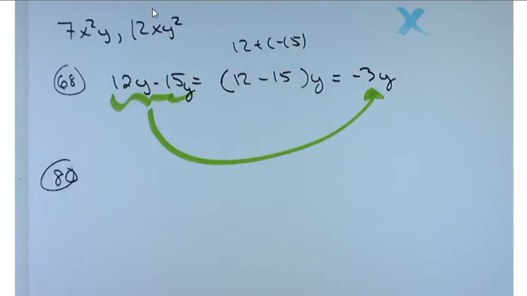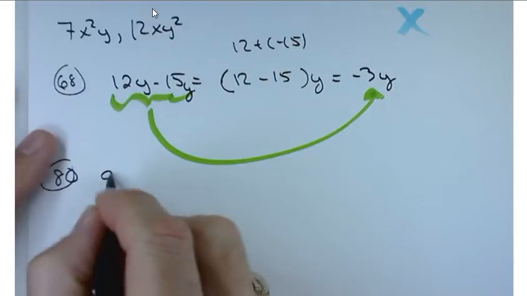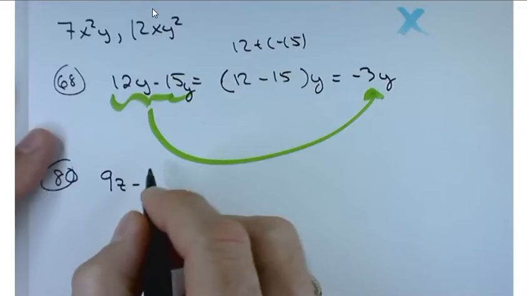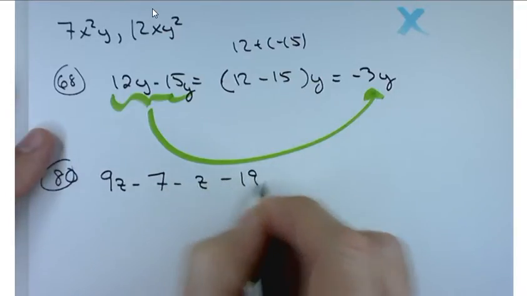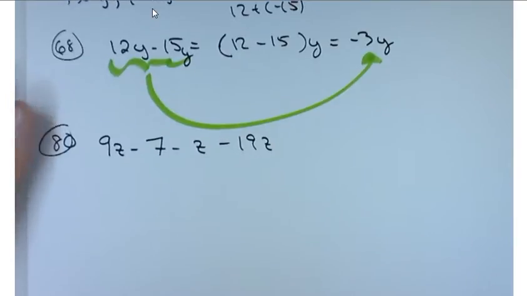So problem number 80. 9z minus 7 minus z minus 19z. Are all these like terms? No. So, Jenna, what are the like terms? 9z, negative z, and negative 19z.